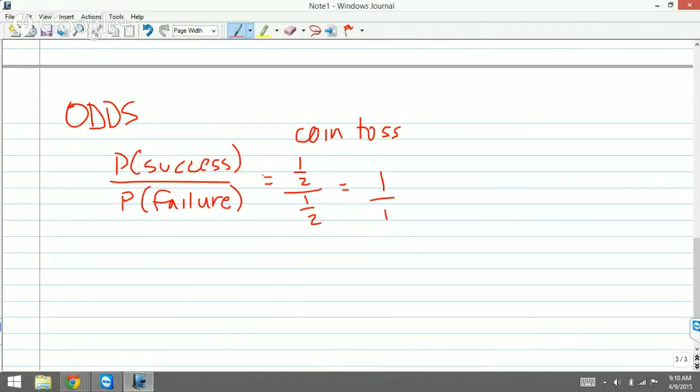All right, let's see here. Let's say there are 6 blue and 4 red chips in a bag. We'll just go basic. Let's talk about chips.